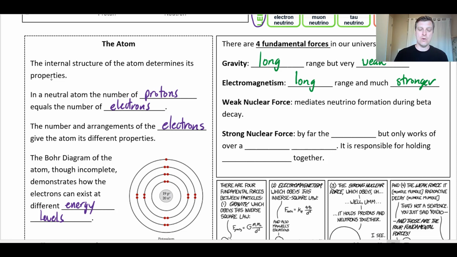That brings us to strong nuclear force. Now, strong nuclear force is by far the strongest. It's not just a great name, but the thing about the strong nuclear force is that it only works over a very short range. So the strong nuclear force drops off quite dramatically with larger range. And it is responsible for holding the nucleus together.